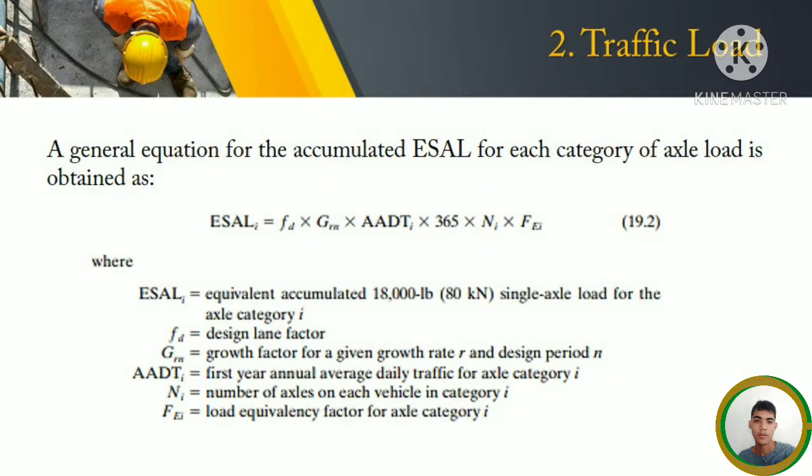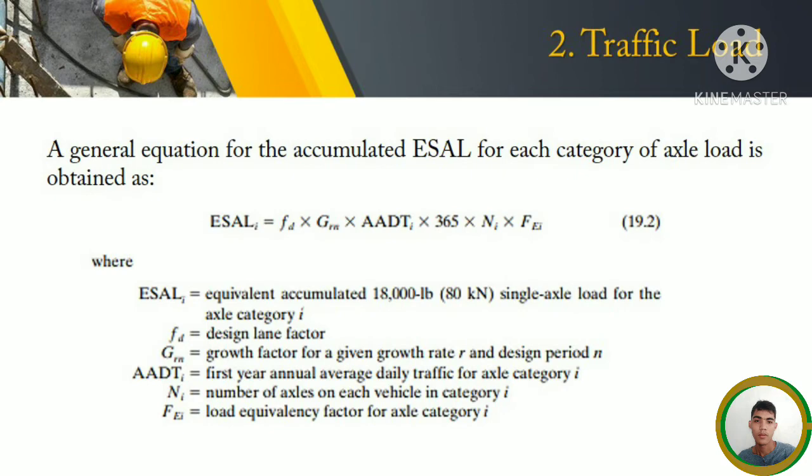As said earlier, table 19.4 shows calculated growth factors G sub R of n for different growth rates R and design periods n, which can be used to determine the total ESAL over the design period. The portion of the total ESAL acting on the design lane, F sub D, is used in the determination of pavement thickness.